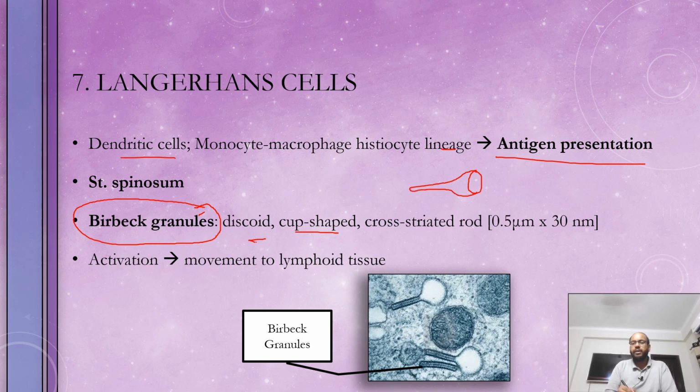And when you cut them horizontally, they have this kind of tennis racket appearance. So this is a very important, very commonly asked MCQ, the tennis racket appearance. Okay, and that is what I'm showing in the diagram. And when they get activated, they present the antigens to the circulating lymphocytes in the lymphoid tissue and start the immune response.